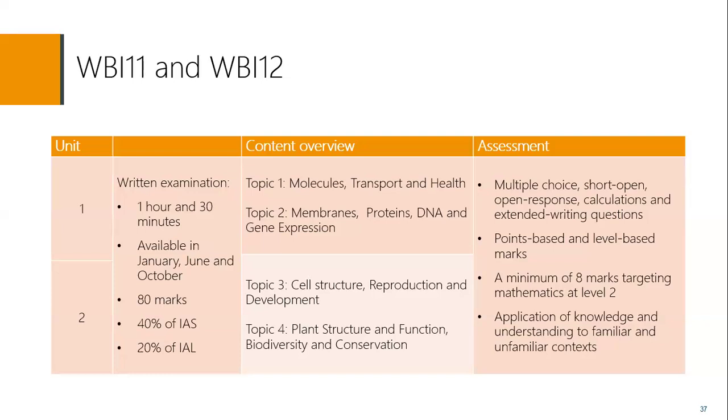There'll be a minimum of 8 marks targeting maths at level 2 in each paper. And there will be application of knowledge and understanding to both familiar and unfamiliar contexts. All papers will have 10% of maths marks at level 2. Because it's modular, when you come to cash it in, not all candidates will be using the same combination of papers. The overall qualification has to have 10% of marks for maths, so each paper is designed that way.